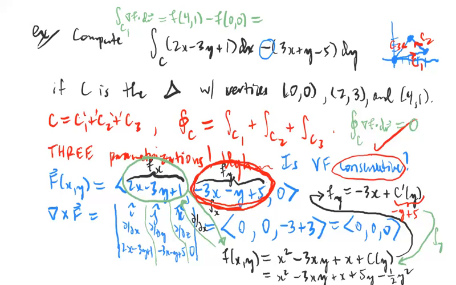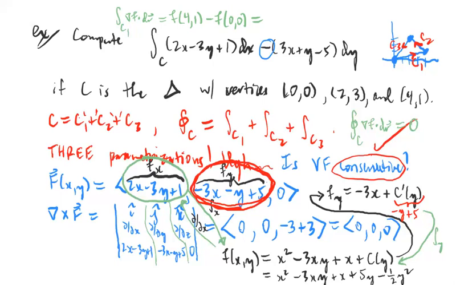So what is that equal to? f of (0, 0) is easy enough to figure out. That's just 0. f of (4, 1) would be 16 minus 12, which is 4, plus 4 is 8, plus 5 is 13, minus a half.